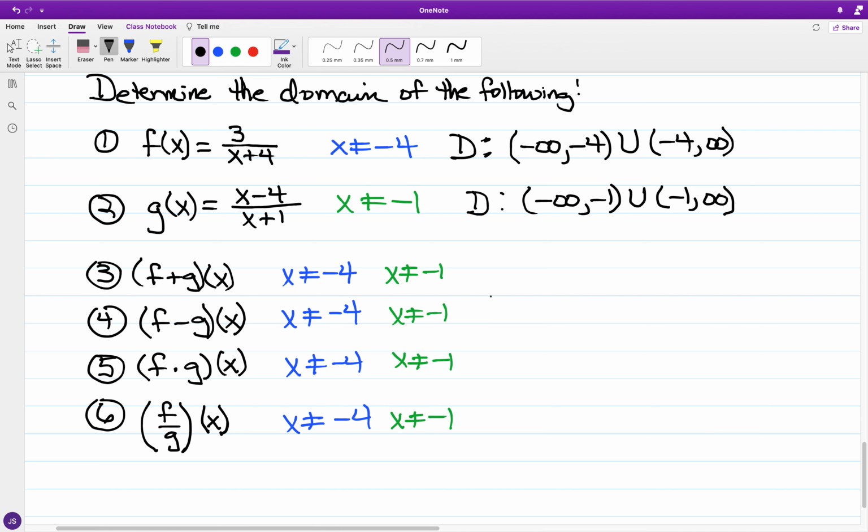Now again, for the sum, difference, and product functions, all of these will have the same domain, which will be formed by just combining the exclusions from f of x and g of x. So this time we're denoting that both negative 4 and negative 1 are left out.